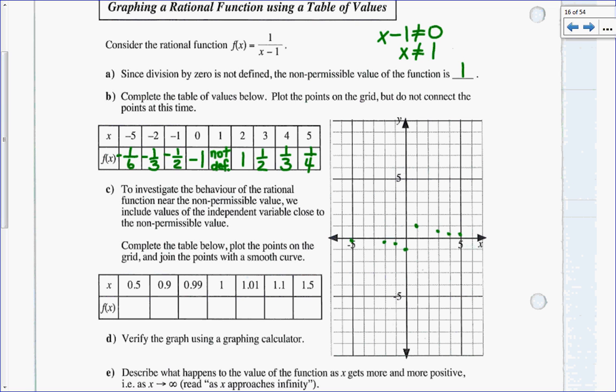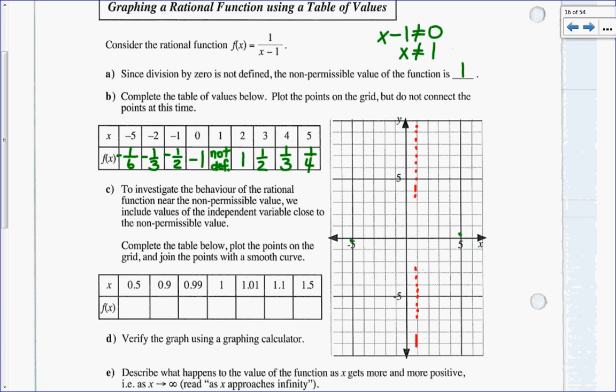Okay, so you should have points very similar to what I have. Now, we said that the non-permissible value of x is where x equals 1. It's the line where x equals 1. Okay, so that means this line right here. Oop, I have one point that is wrong here, don't I?